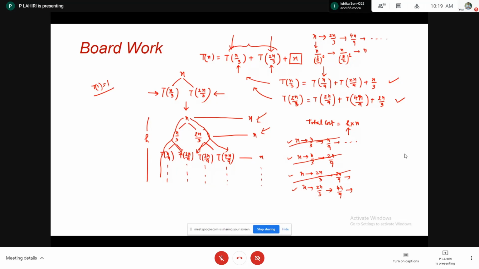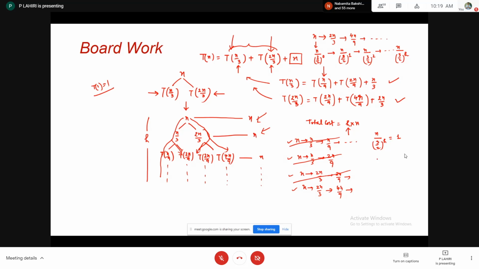Then n by what will you write? 9 by 4, (3/2) to the power 2. Yes. Then in terms of h, what will you write? n by (3/2) to the power h. Very good. So you have n by (3/2) to the power h reaching the base case.